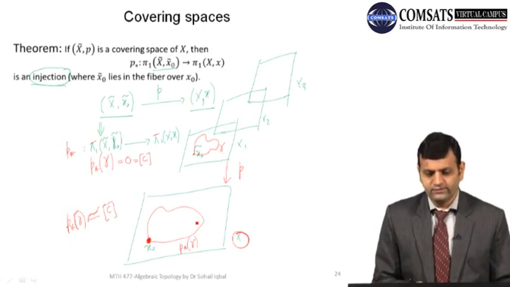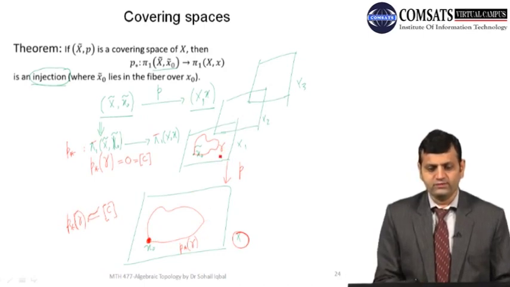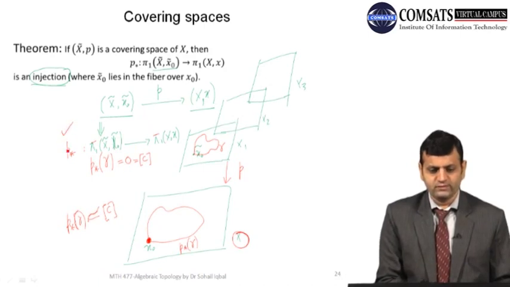So when we lift this p lower star gamma, we get gamma, and this p lower star gamma is homotopic to the constant map. That's why gamma will be homotopic to the inverse image of the constant map. Now, we know that p lower star is a homomorphism, so the inverse image of the constant map is constant.